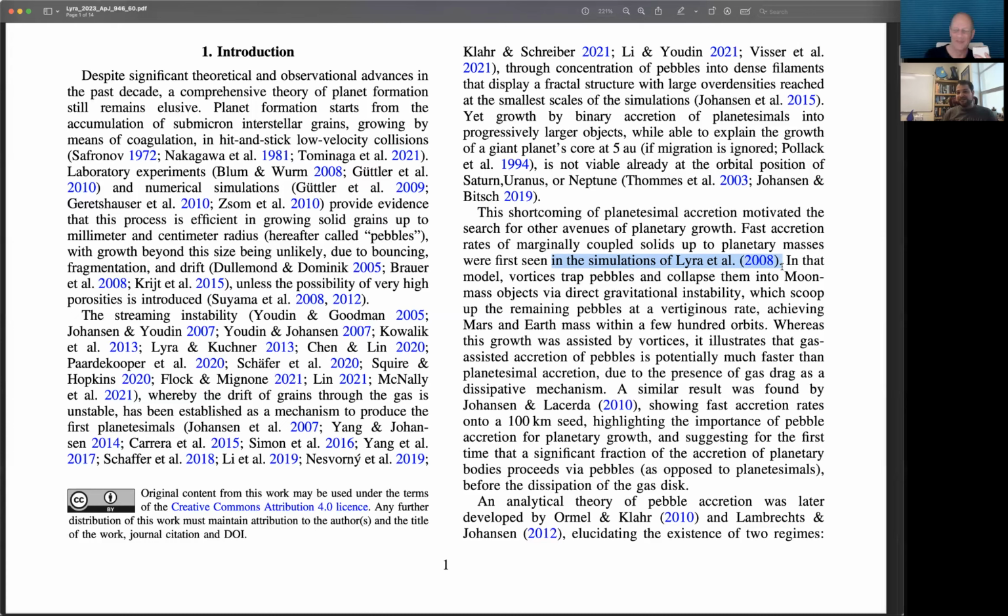The first planets that form were growing very, very fast. Like in a few orbits, they would double in mass.